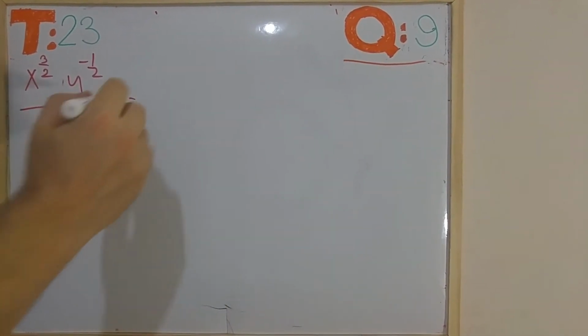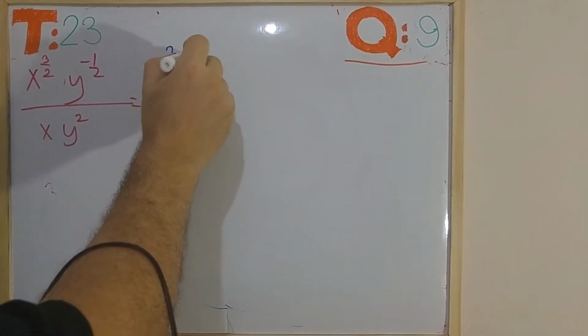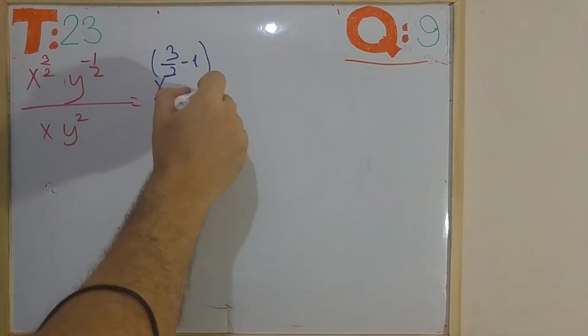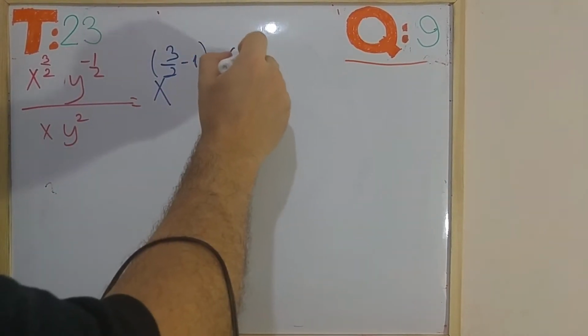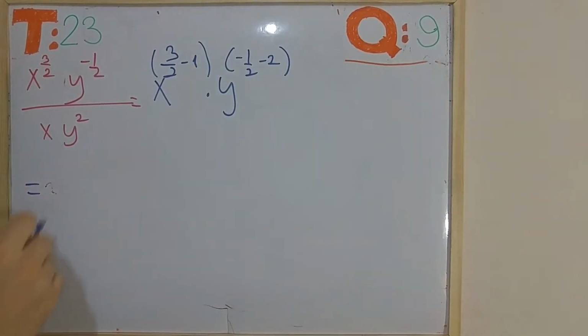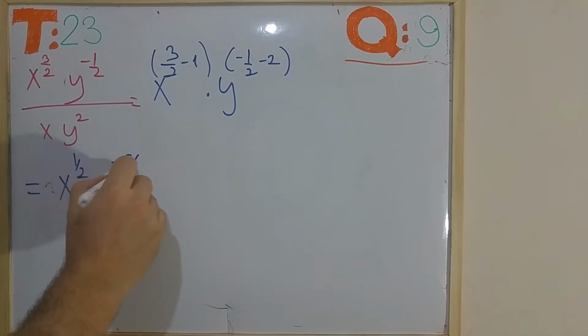This expression is equal to x to the 3 over 2 minus 1, this x going up, times y to the minus 1 over 2 minus 2, which makes x to the 1 over 2 times y to the minus 5 over 2.